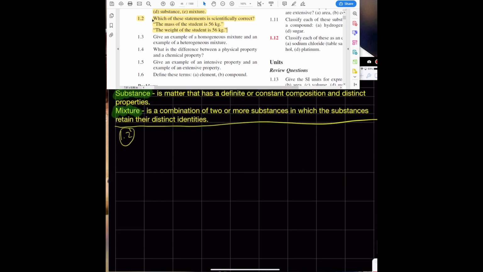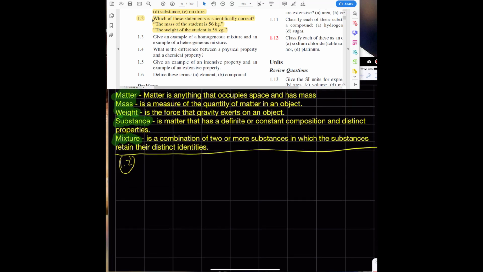Question 1.2. Which of these statements is scientifically correct? The mass of the student is 56 kilograms, or the weight of the student is 56 kilograms.